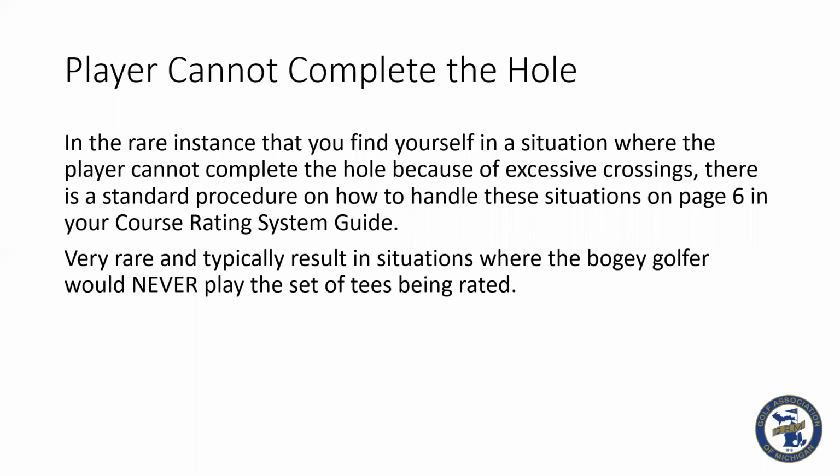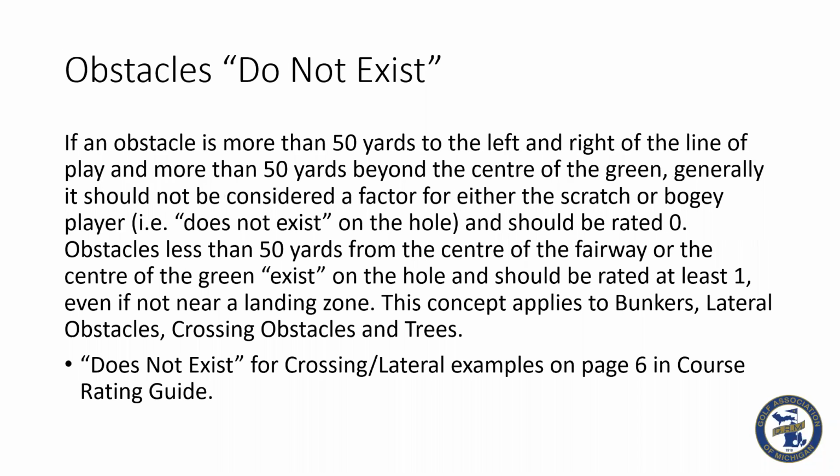So in that first example, when it says it's 70 yards, isn't that more than 50? Why is it saying 1? So it's saying 70 in the example for the scratch golfer, short of the first landing zone. I would imagine it's referencing the scratch golfer, because for the scratch golfer, if it's less than 100, it's no value.